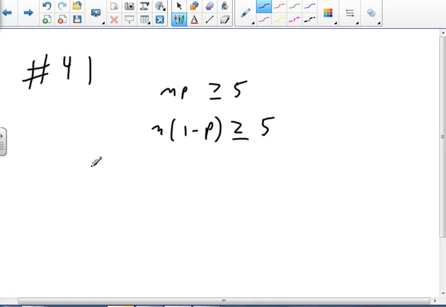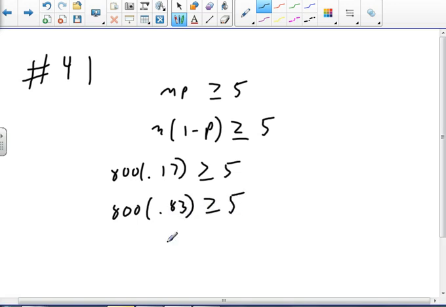We have 800 households, so 800 times 0.17 is clearly greater than 5, and 800 times 0.83 is also greater than 5. So p bar is equal to p, which is 0.17. Alright, that's the A part.